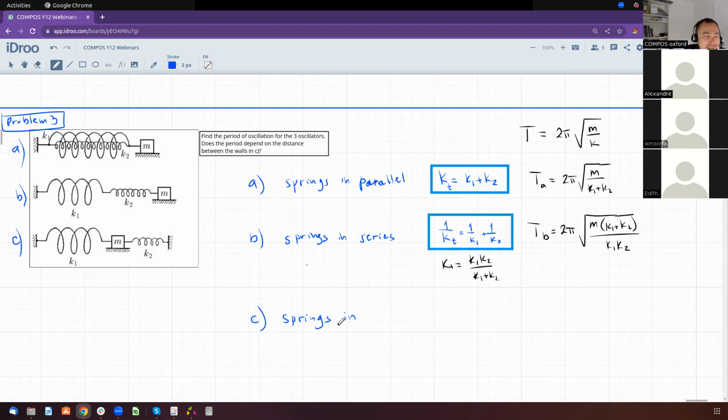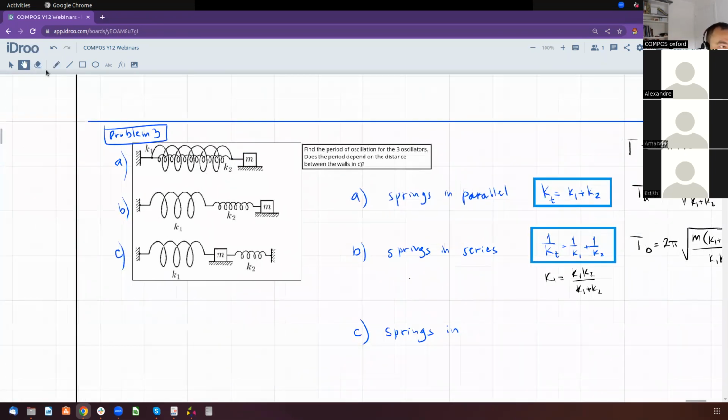Okay, let's look at what defines parallel or in series. Let's say we move the mass by x to the right. Spring 1 extends by x1, spring 2, k2, extends by x2, and the mass shifts by x.